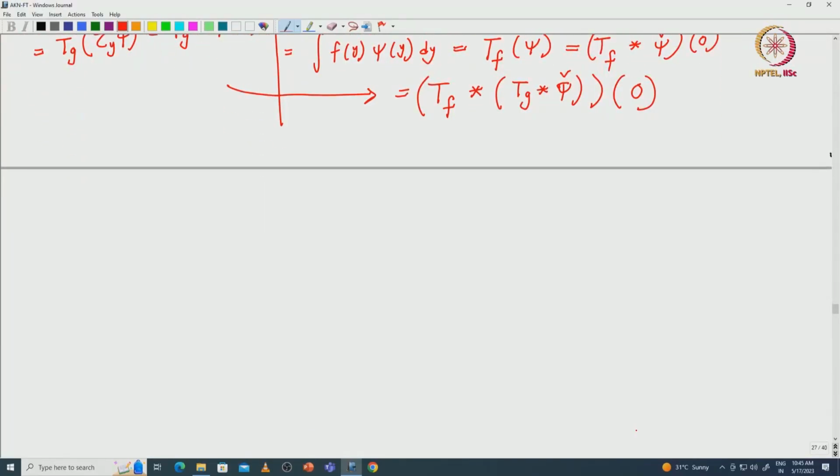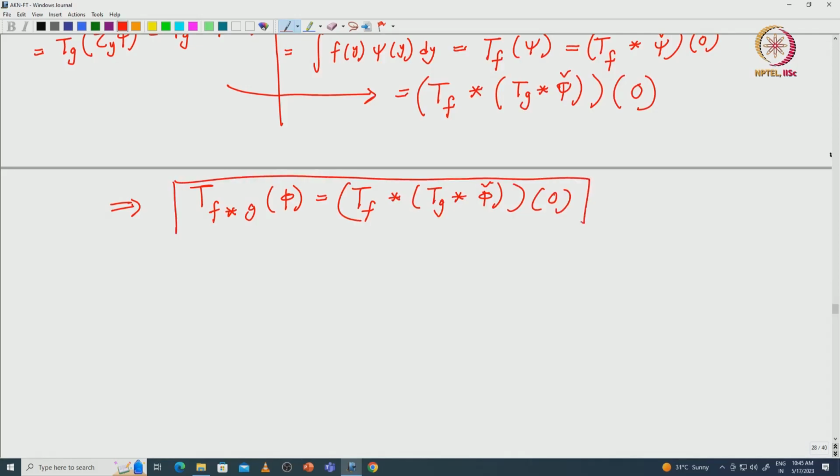So, that is your T of f star g when the distribution is given by acting at phi. This is a possible definition if everything is meaningful: Tf star, Tg star phi tilde at 0. Okay. So, that gives you a definition, if everything is meaningful.